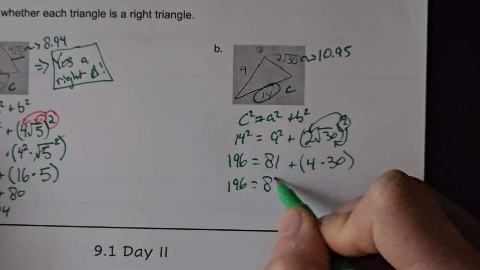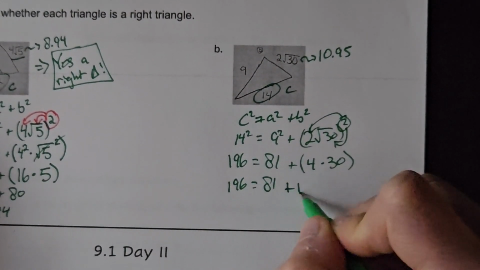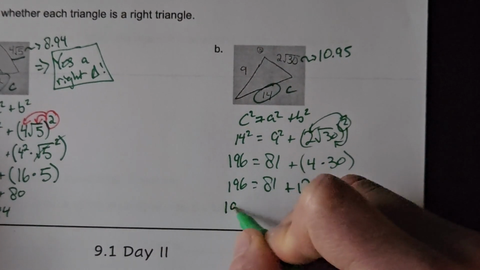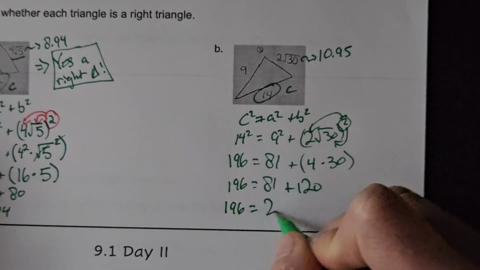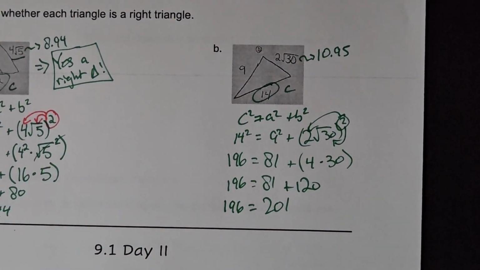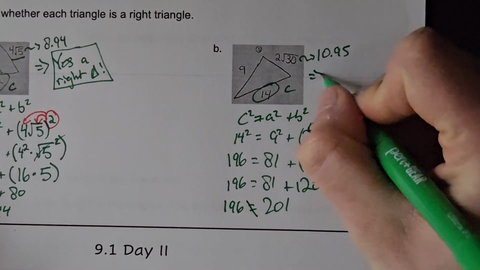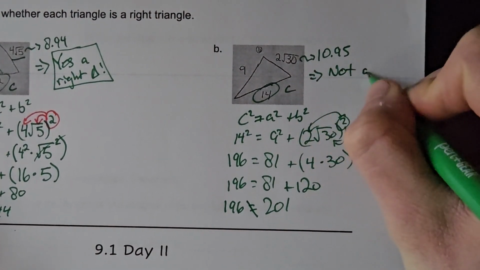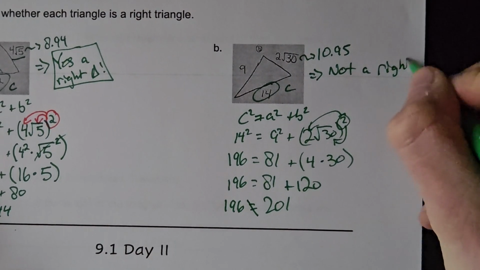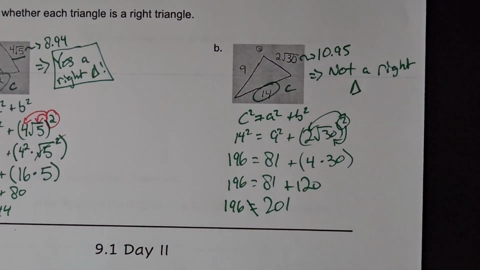So then I end up with 196 is equal to 81 plus 120. And summing everything together, I would get 196 is equal to 201. That is not the same number. They are not equal to each other. So that means this is not a right triangle.